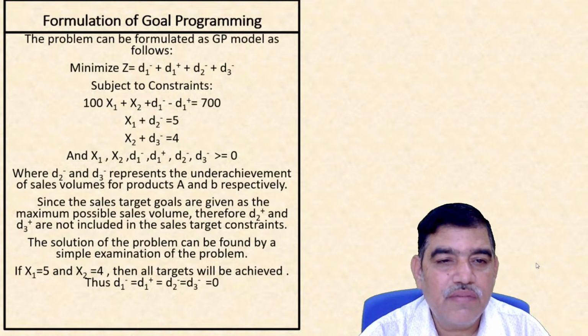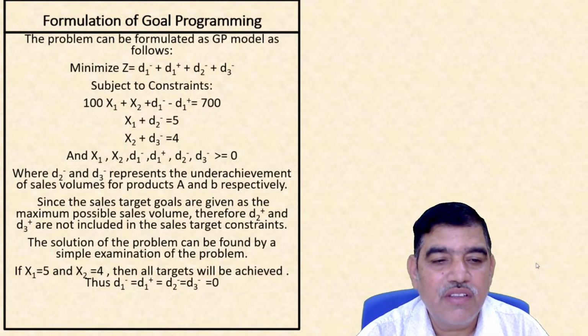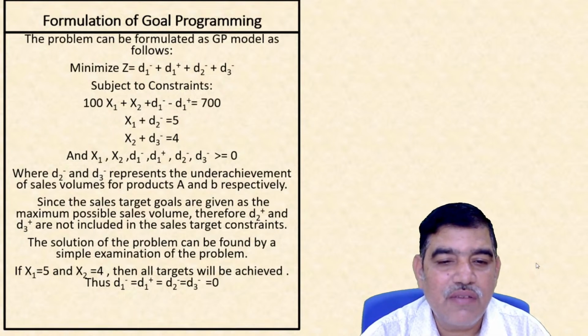Similarly, the third constraint equation, x2 plus d3 negative equals 4. Here also we are not considering d3 positive, because of the same situation: the sales target goals are given as the maximum possible sales volume.